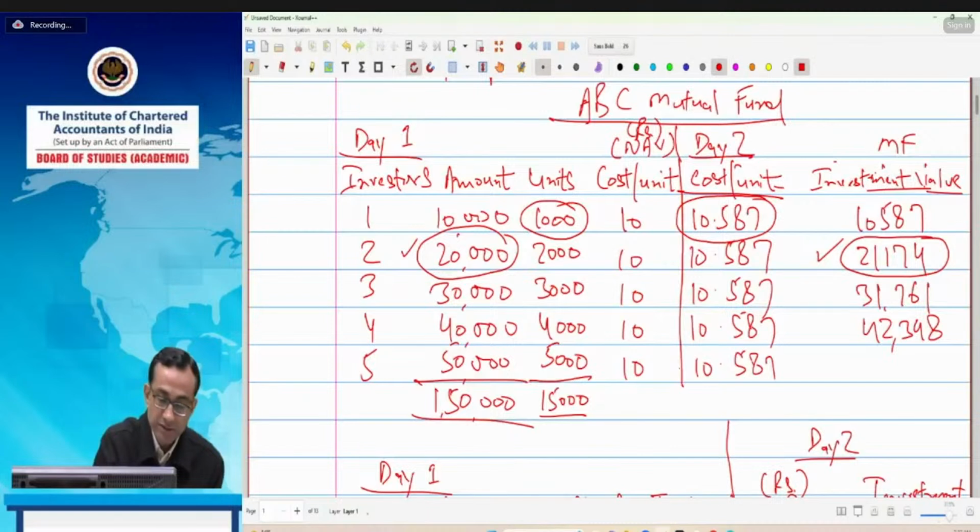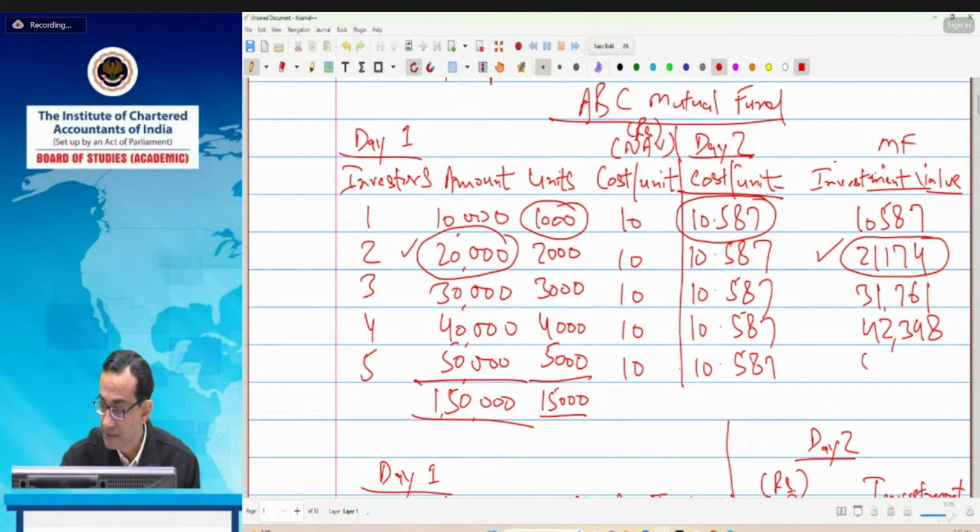Now calculate in case of investor 5, 50,000 investment and per unit cost 10.587. Units into that, it will be 52,935.